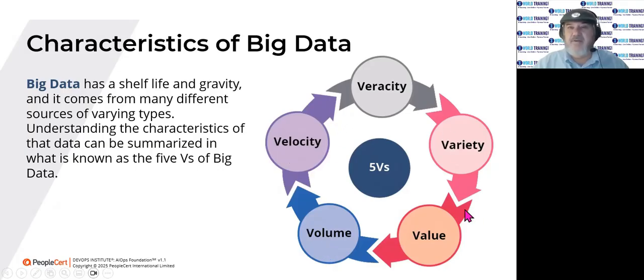These are in no particular order, but all data can be considered in this context. Big data has a shelf life and gravity, and it comes from many different sources of varying types. Understanding the characteristics of the data can be summarized in what's known as the 5 V's. So it's basically summarizing characteristics of data.